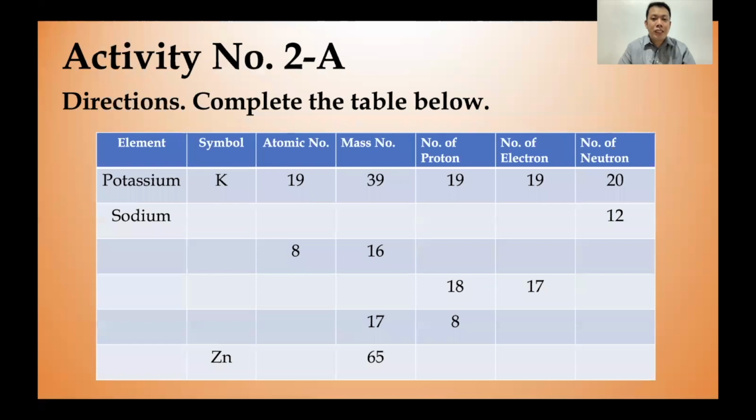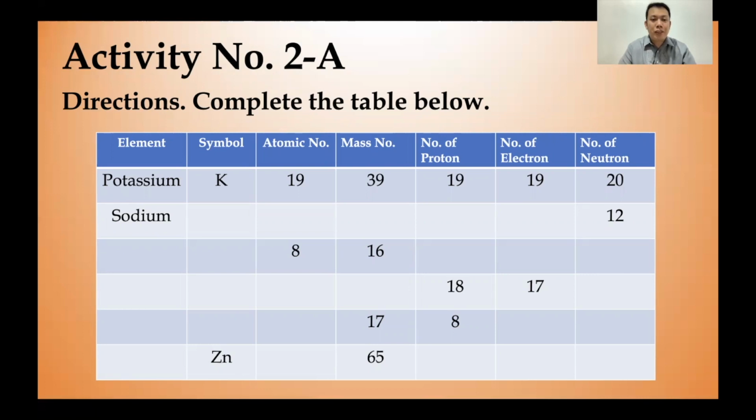So for your first activity, I want you to complete this table. I made the first example for potassium. All you have to do is to get the missing parts of the table.